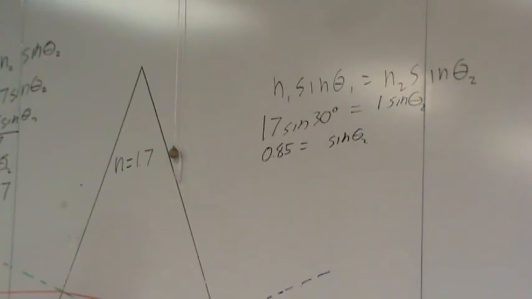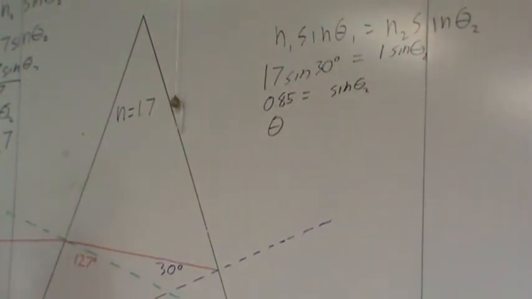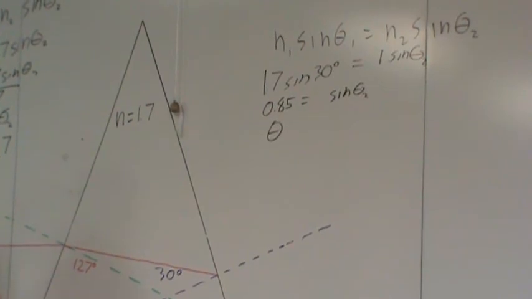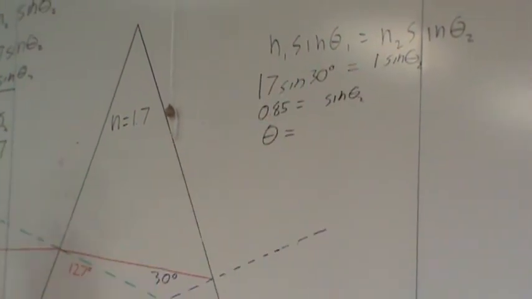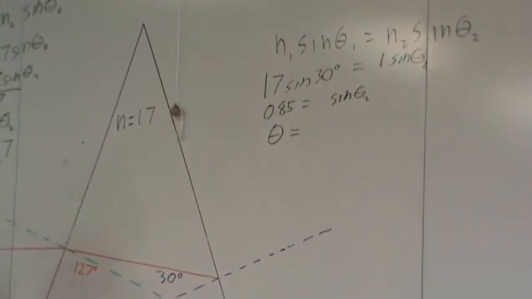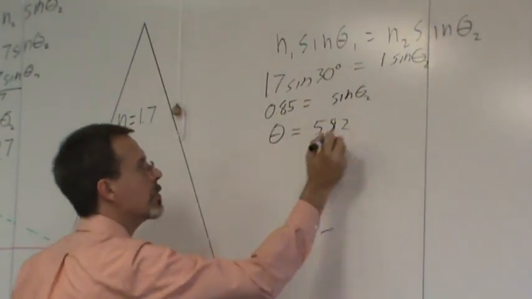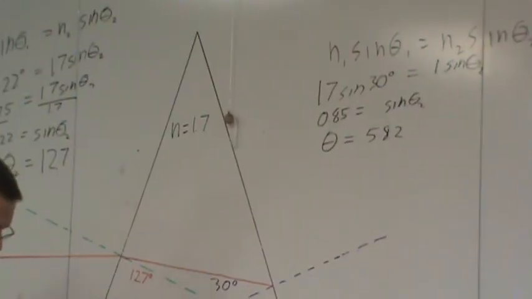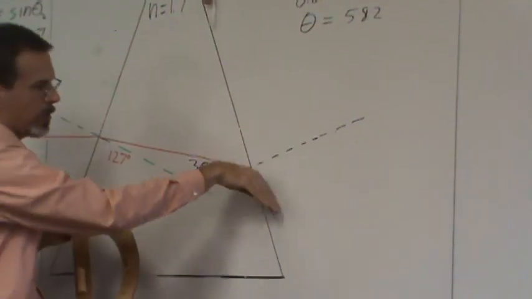So I take the inverse sine of this by hitting the second function or the inverse button on the calculator and then the sine function. That's going to give me an angle that's probably quite large. I got 58.2. So where's that going to be? It's going to be somewhere over here.